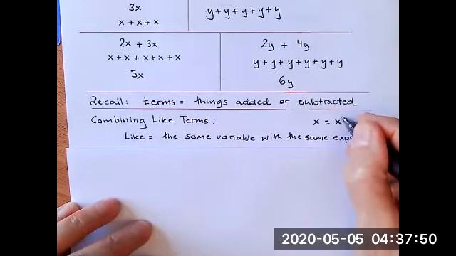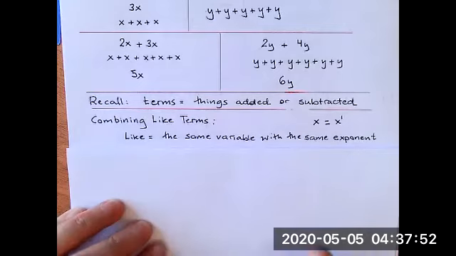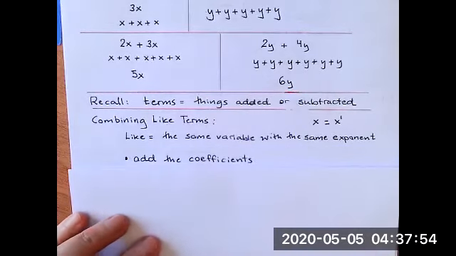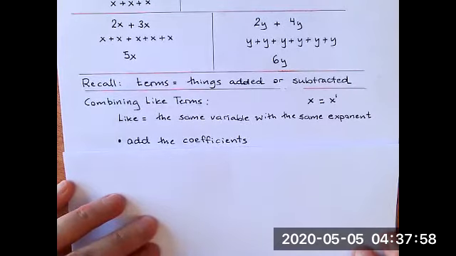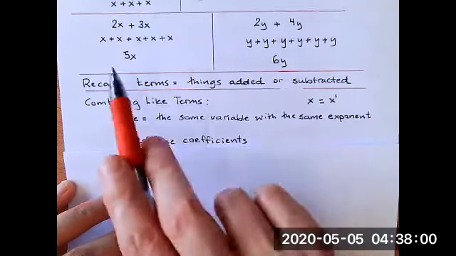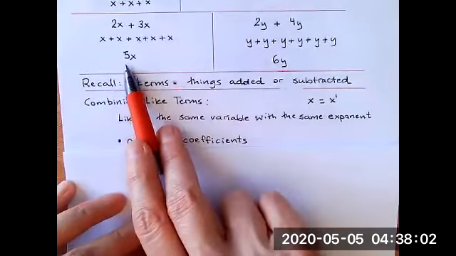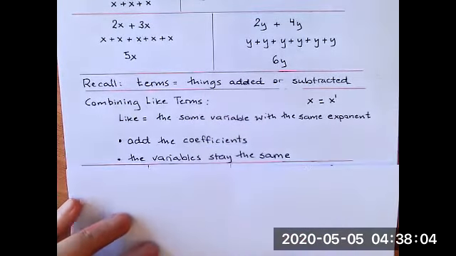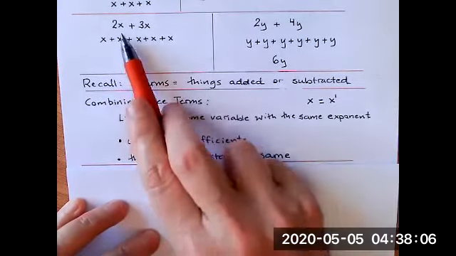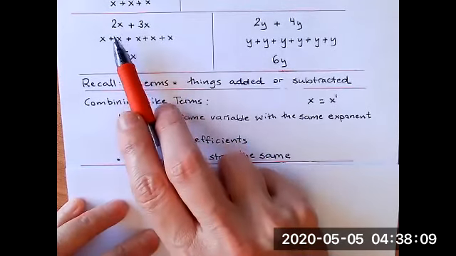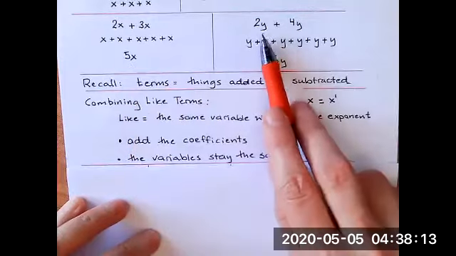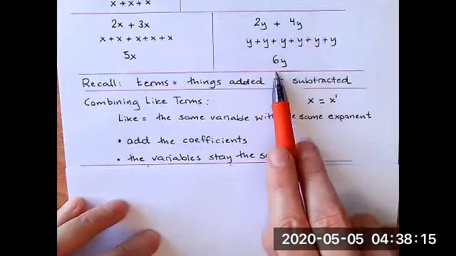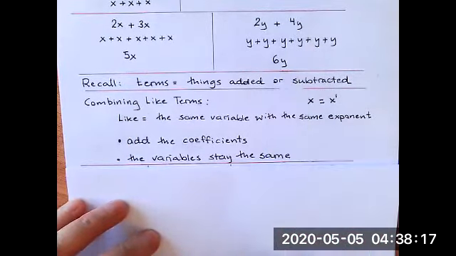The exponent is 1. So when you combine like terms, you add the coefficients, but the variables stay the same. And that's why we get 2x and 3x makes 5x, 2y and 4y make 6y.